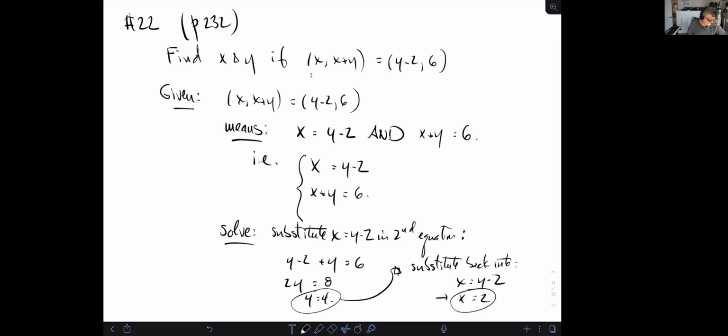Okay, so about WebWorks 14, number 5. We have an unknown vector x. It's a 2 by 1 vector.